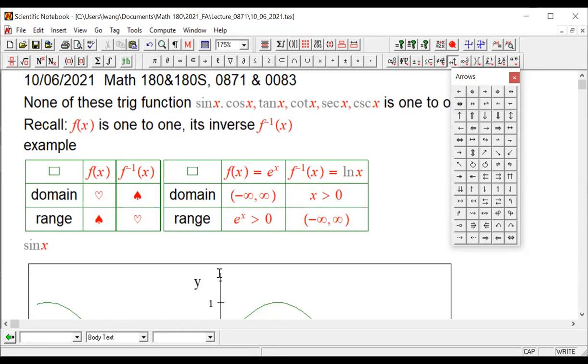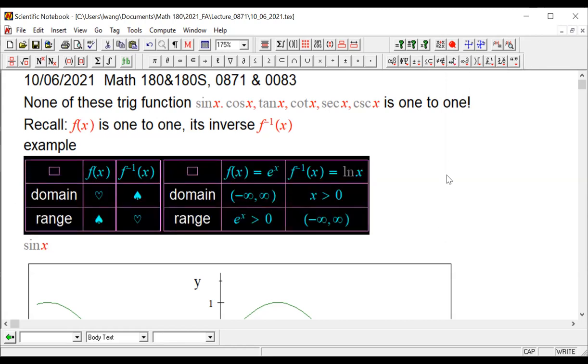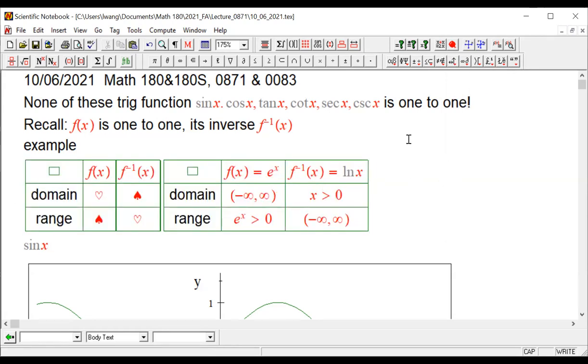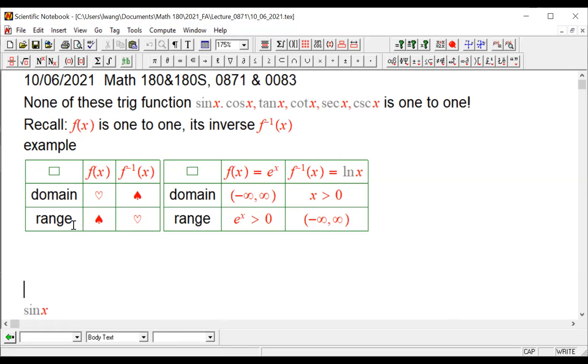And the function we are going to talk about now, something called a restricted sine or constrained sine, is going to be the same thing. So let's see how it's being created. What other relationship is consistent? The composition. Remember we saw this before.